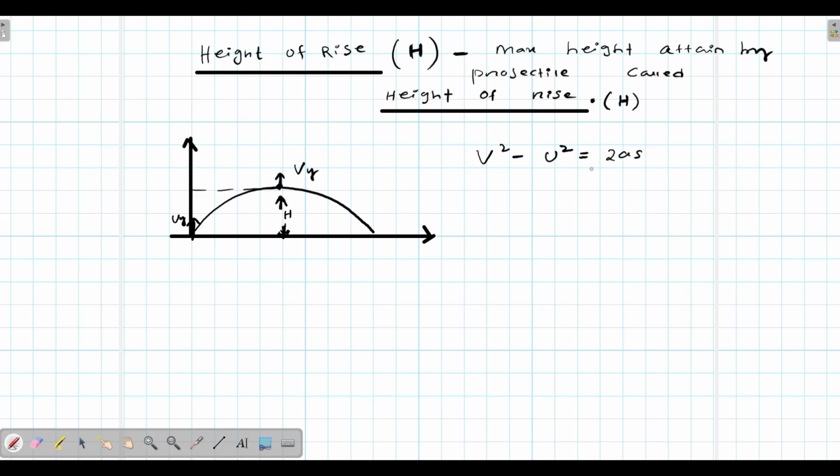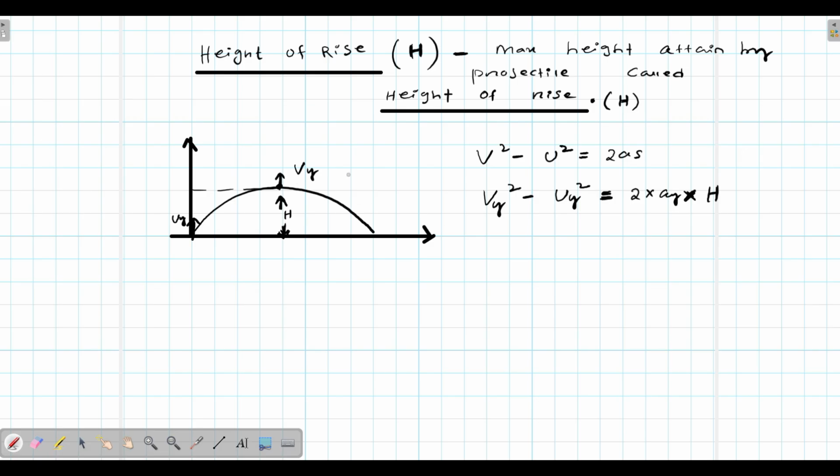So Vy square minus Uy square equals twice Ay into H. At the highest point, Vy is 0.